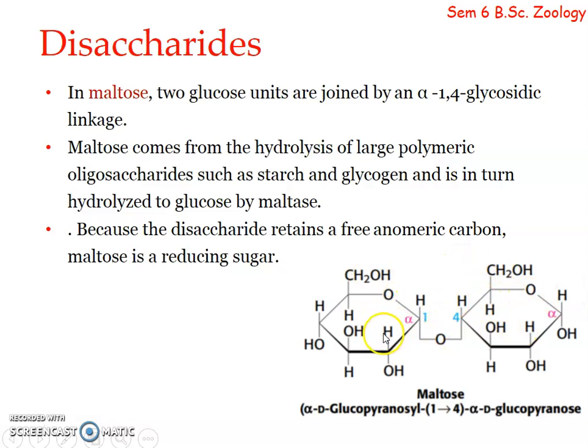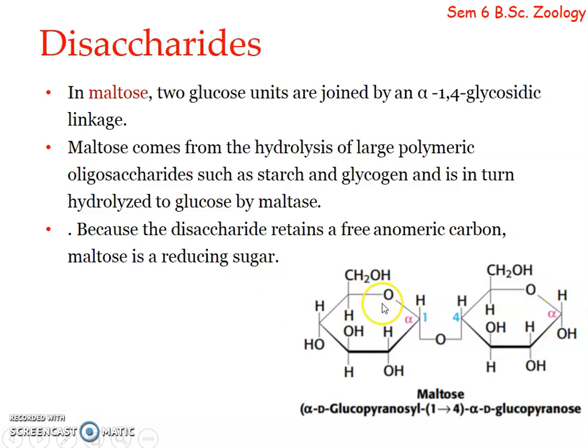Okay, it is linked by alpha 1,4 glycosidic linkage. That means the first monosaccharide, the first glucose, is alpha form. The second glucose, whether it is alpha or beta, it doesn't matter, because the first monosaccharide is forming a bond with the fourth carbon, right? So whether this one is alpha or beta position, it doesn't matter.